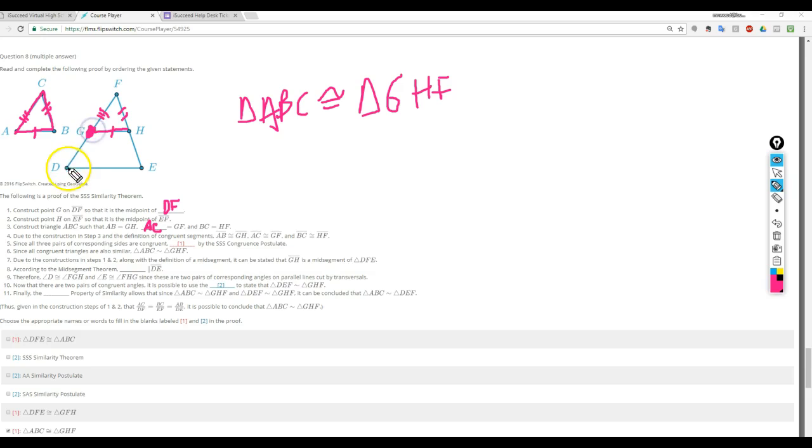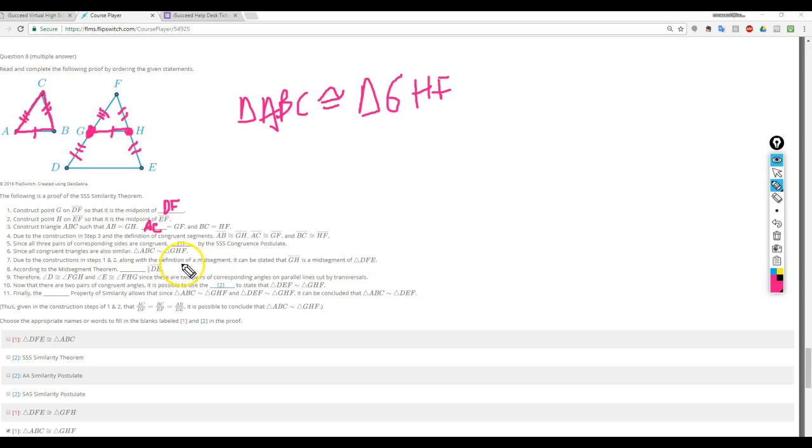So G was the midpoint of DF. That means that from D to G is also the same length from G to F, so it needs to have the same marking to indicate it's the same length. They also constructed point H to be the midpoint. So that means from F to H has to be the same distance from H to E.